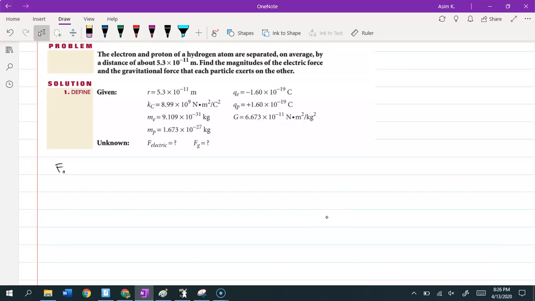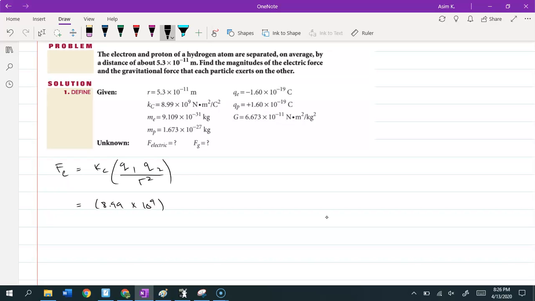If you recall, a moment ago I asked you to put on your blue formula sheet the equation for electric force: K sub C multiplied by the first charge multiplied by the second charge, over the distance between the two charges squared. That is the equation that we'll be working with. Most of this is just going in your calculator, and the objective is to make sure that you're able to do that. So that makes this 8.99 times 10 to the power of 9.